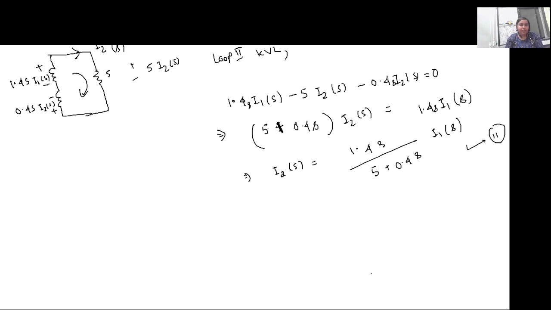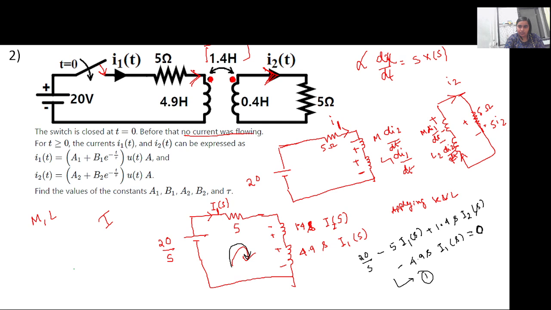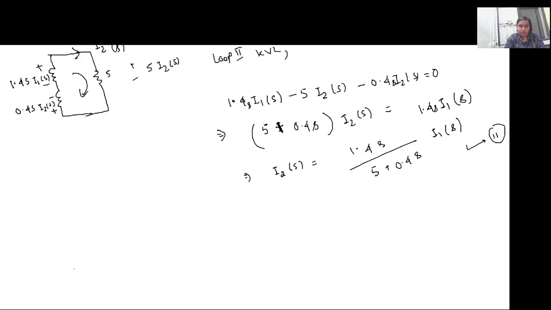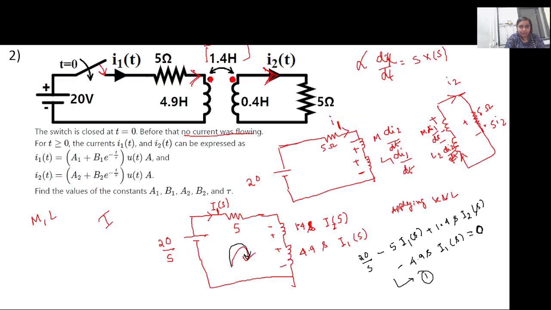Now we can write equation 1, like substitute the value of I2 in equation 1. So let's take equation 1, which is 20 by s.